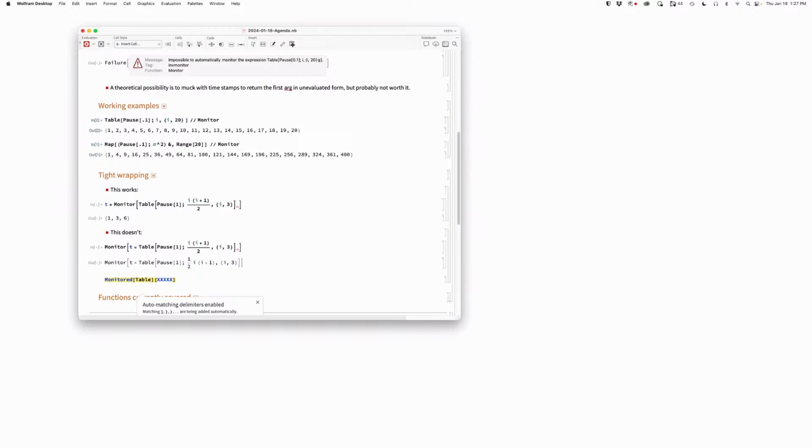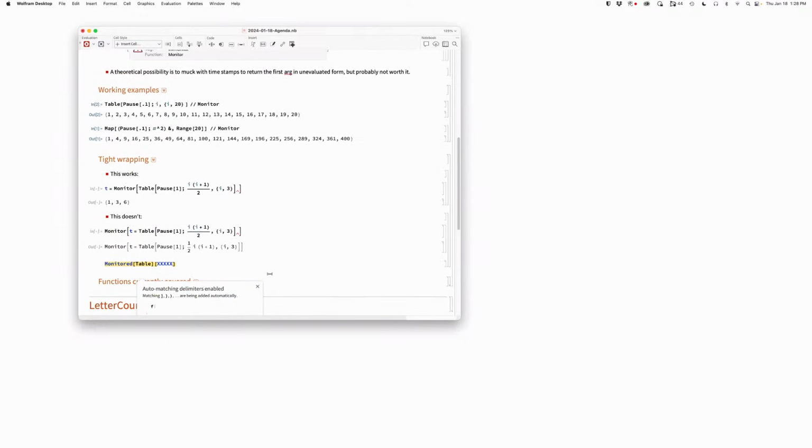Conceivably that's an alternative form that we could have. But I like putting the monitor around there, just like we put an Echo around there. I like it much better. If we put an Echo around this whole thing, it's a different thing because the return value is the global thing for all of it. Okay, next up, what are the issues here?